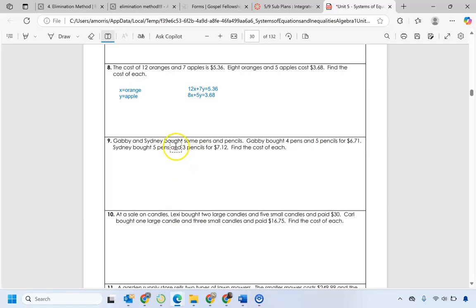All right, so Gabby and Sydney bought some pens and pencils again. So I'm going to let X be the pens and then the Y be the pencils. And then I'm going to say, okay, 4X plus 5Y equals $6.71.